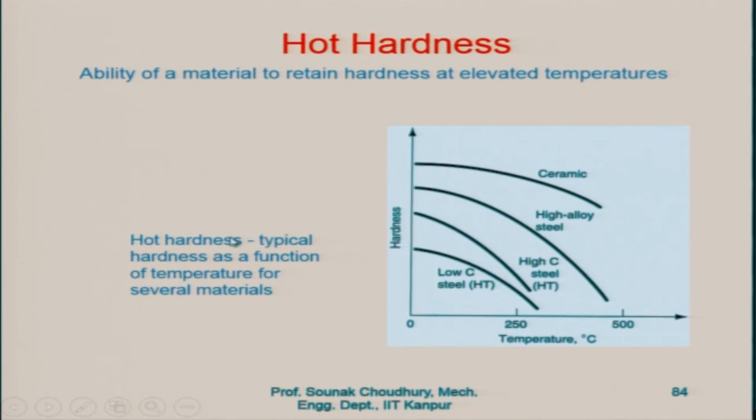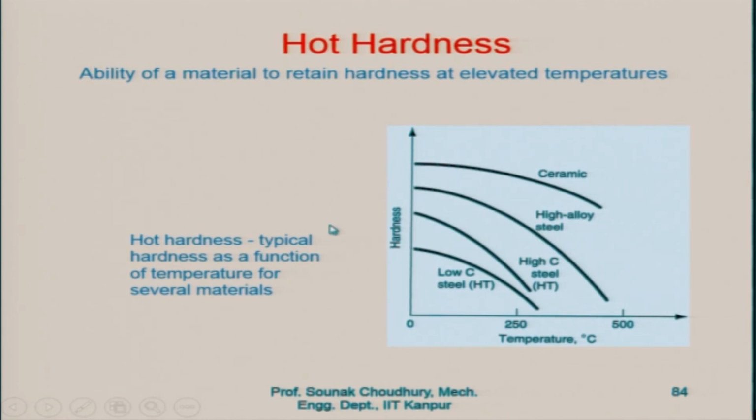Okay. Now, the typical hardness as a function of temperature for several materials is shown here. Okay. These are 4 different materials, and ceramic is the best as far as hot hardness is concerned, and therefore, as I told you earlier also, ceramic is the material that we normally use when high temperature is involved.